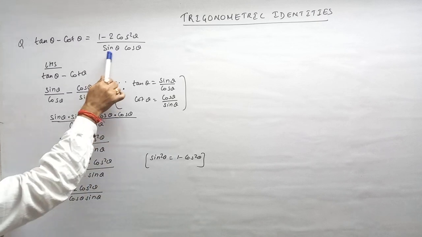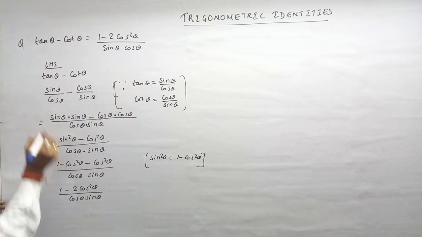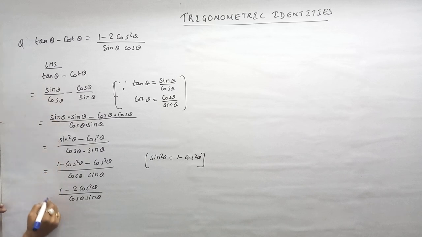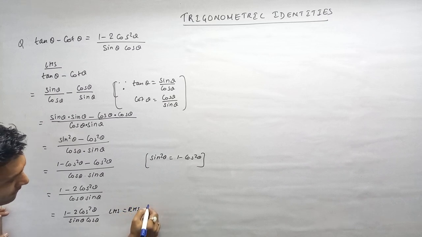So here it is sin into cos or cos into sin, both mean same. Otherwise you can even write it like this, 1 minus 2 cos square theta divided by sine theta, cos theta. So we have LHS is equal to RHS proved.